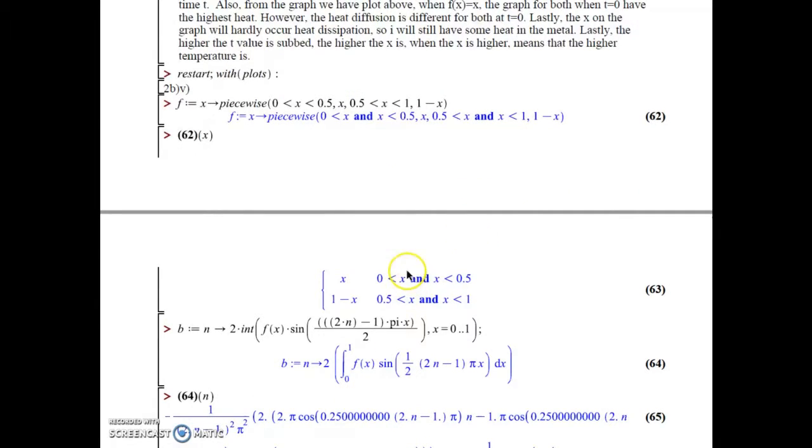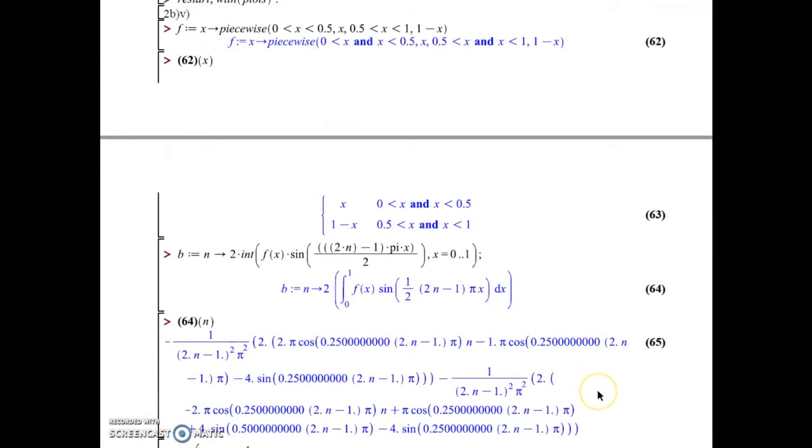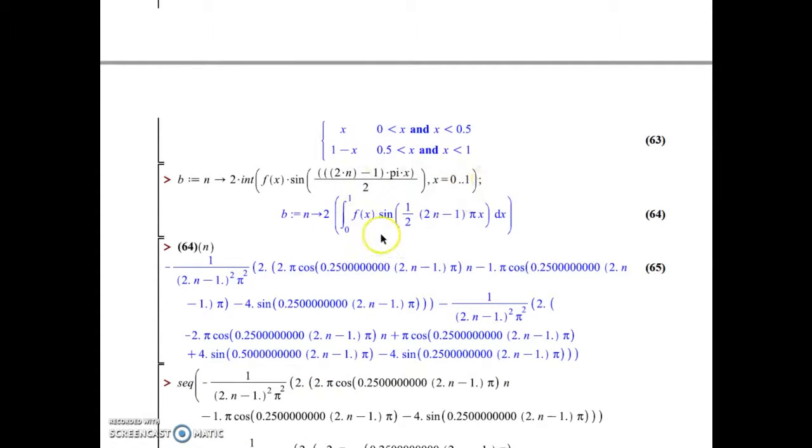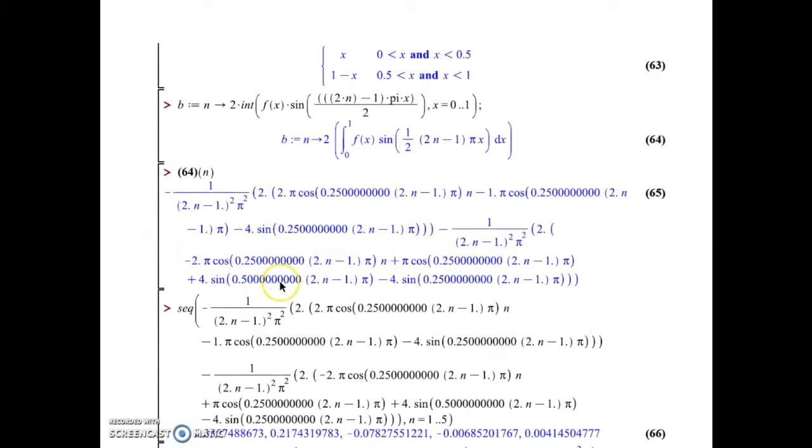After I evaluate, I got this, and then we use the equation that we have integrated above, and then we get this. After we evaluate this, we get this set of values.